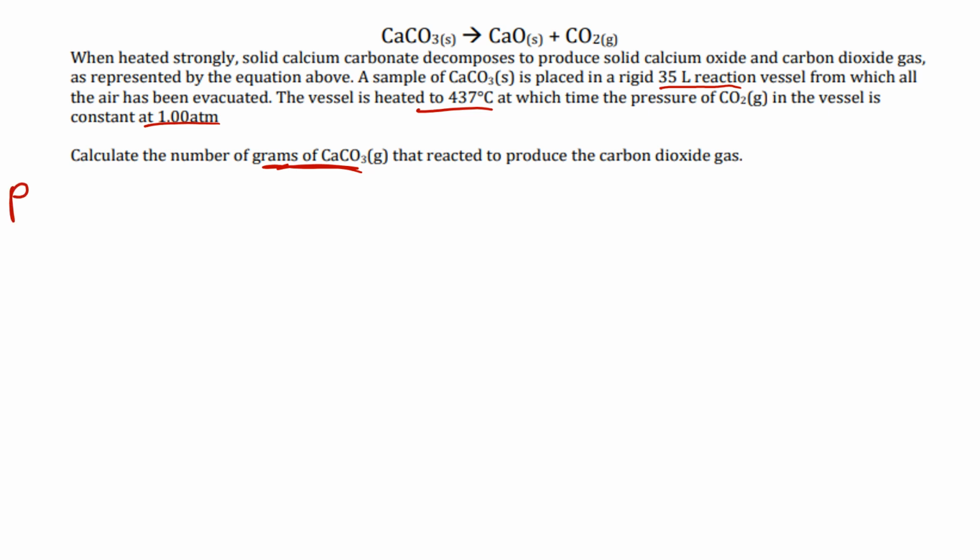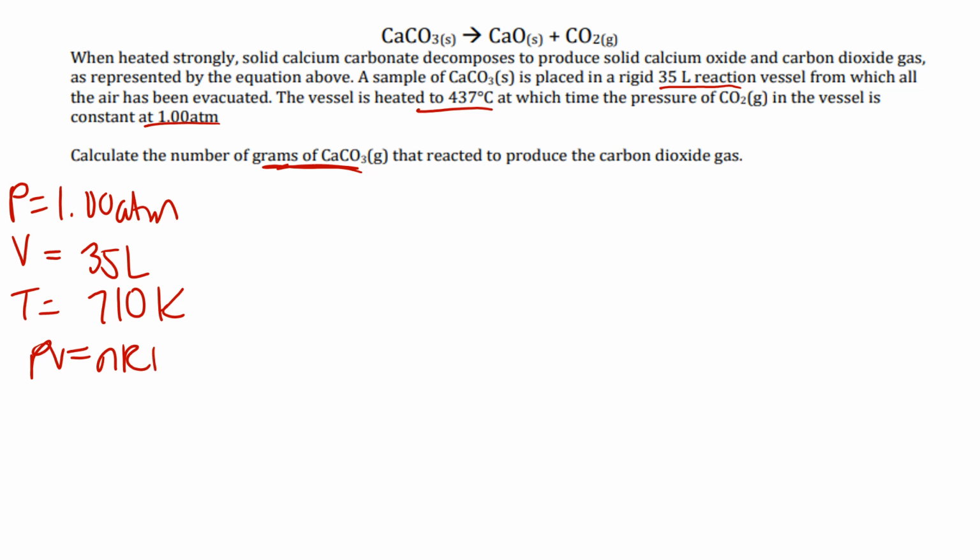So P equals 1.00 atm. Volume is 35 liters. Temperature is 437 degrees Celsius or 710 Kelvin. So PV equals nRT. You are solving for n right now because you're going to get the moles. So you're going to divide both sides by RT.